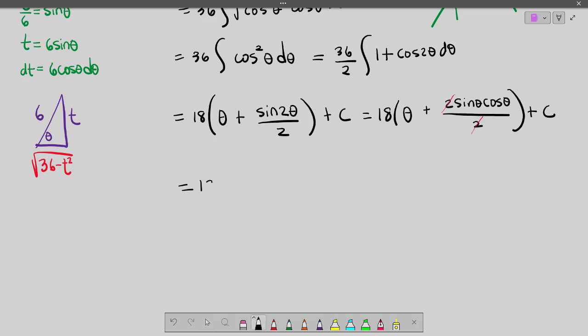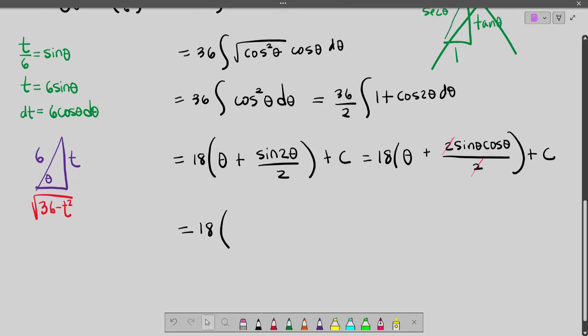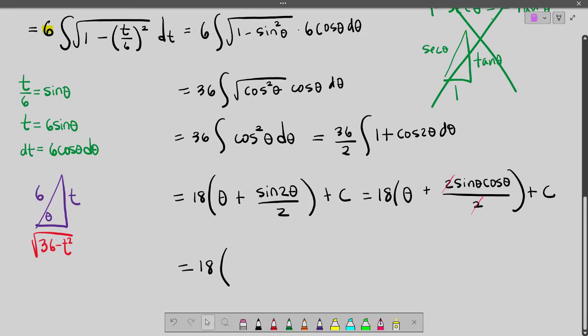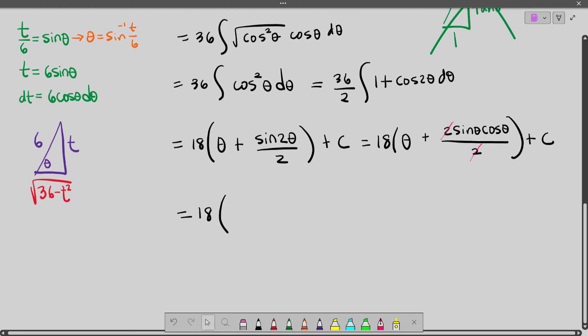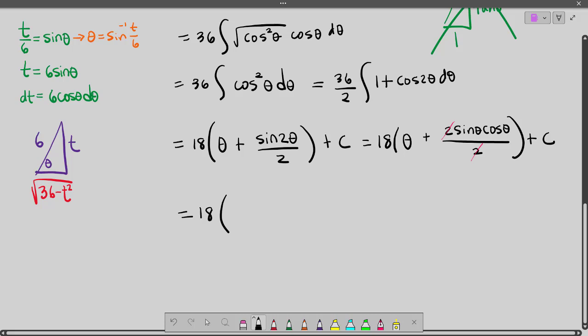So we have 18 theta. When you look right here, if you isolate theta, theta is the inverse sine of the left-hand side. So that's going to be what we replace theta with down here. Inverse sine of t over 6.